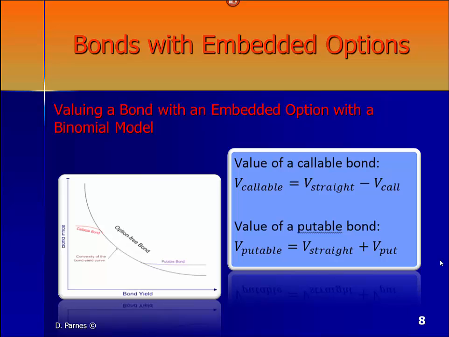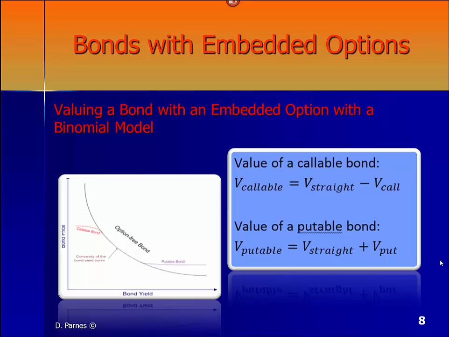So the issuer will benefit from a declining interest rate. From the bondholder's point of view, this is a drawback. I shouldn't say a problem, but this is a negative point of view. This is something that will hurt the bondholders, obviously, because the issuer here is protected.